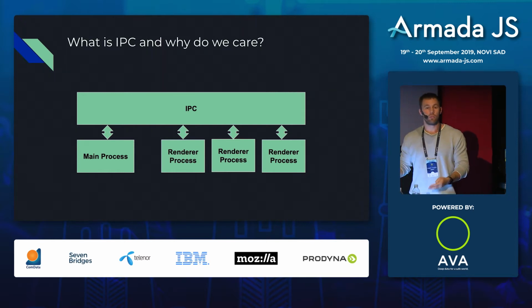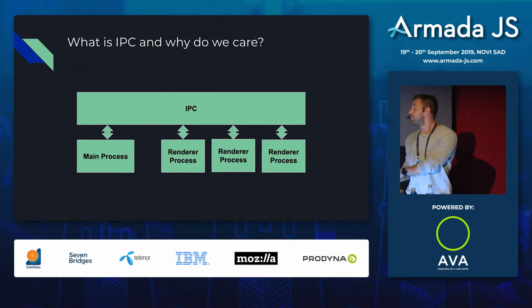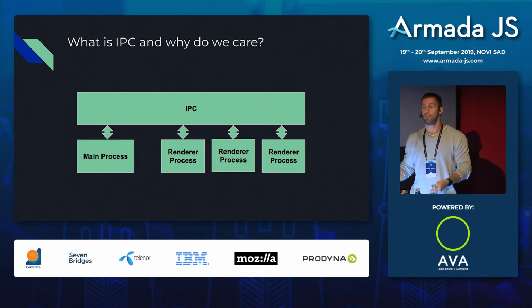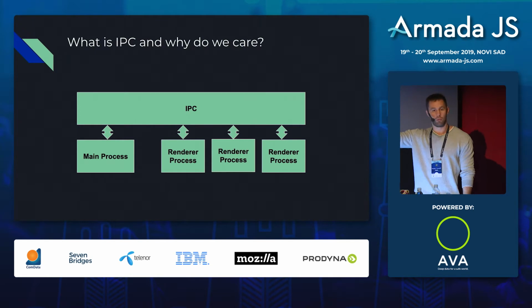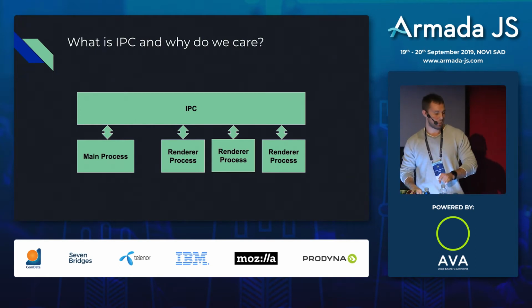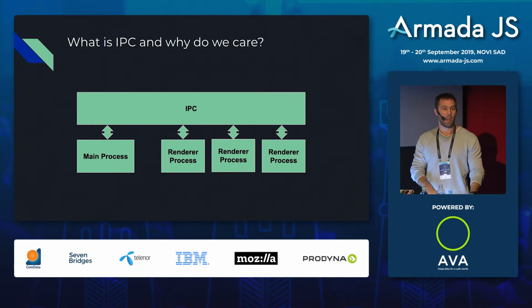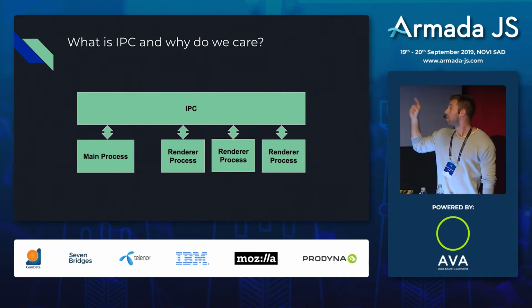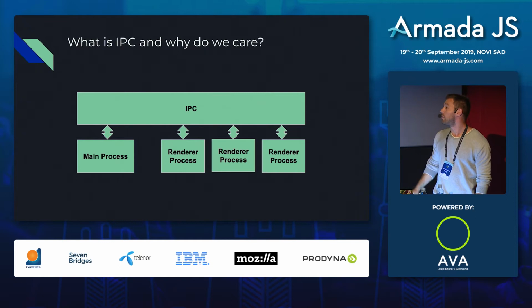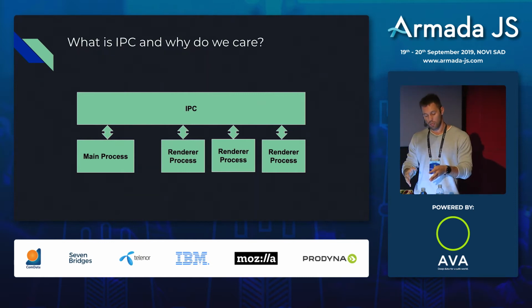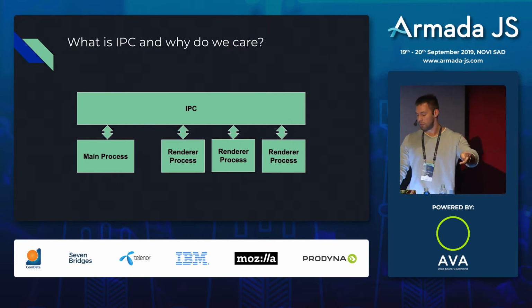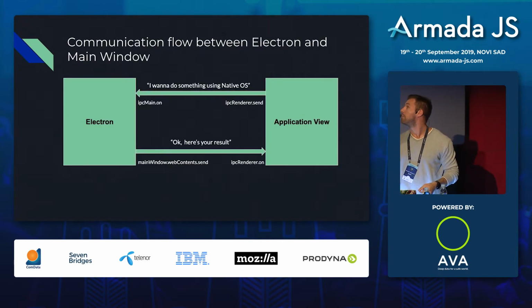If we want to target the operating system from our web application, we need to send an event to the main process. The main process does that for us and sends us the response. So that's why we use IPC to communicate between our web application, via the main process, to the underlying operating system.